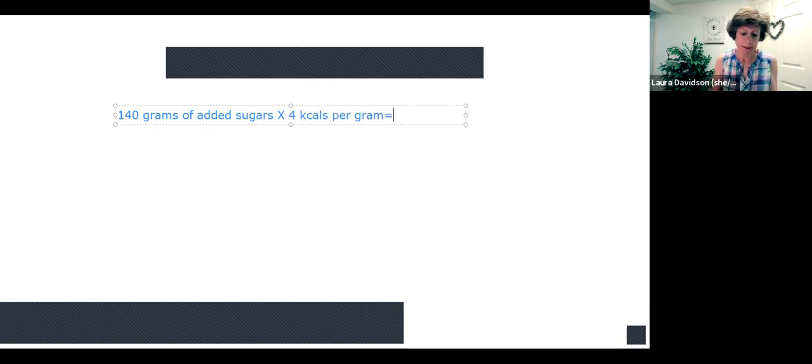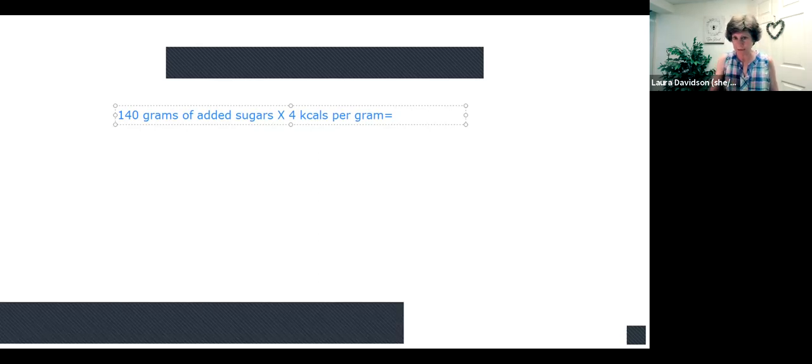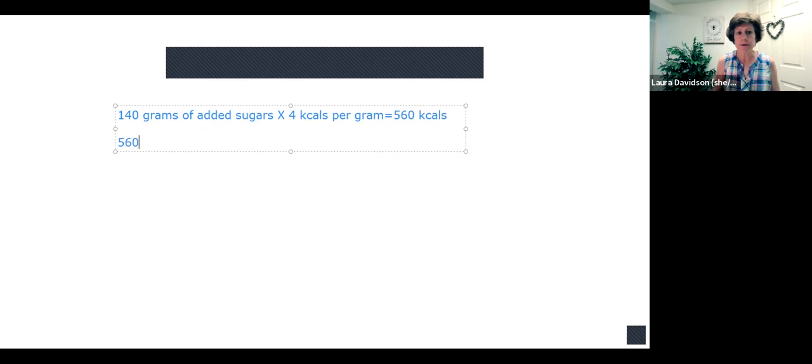Okay, let me make this a little bigger here so we don't, there we go. And let me pull out my calculator. You can pull out yours. We've got 140 grams total times 4, and this is each day. That gives us 560 calories from added sugar. Okay, now we need to know what percent of the total come from added sugar. So to do that, we go 560 kcals divided by the total calories.